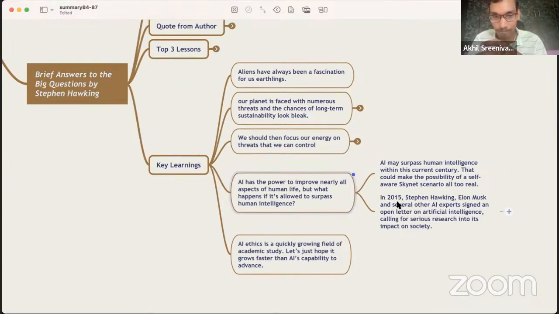In 2015, Stephen Hawking, Elon Musk, and several other AI experts signed an open letter on artificial intelligence calling for serious research into its impact on society. So no matter what, there is still lots of progress coming in AI.